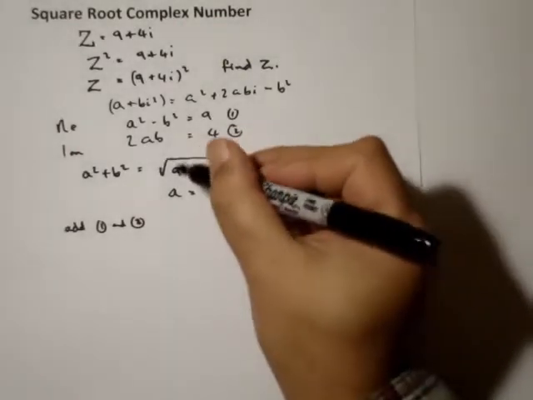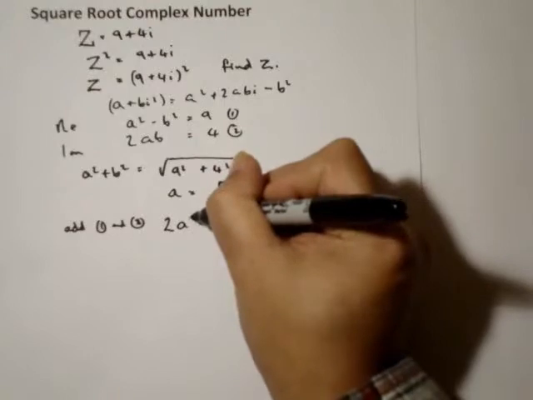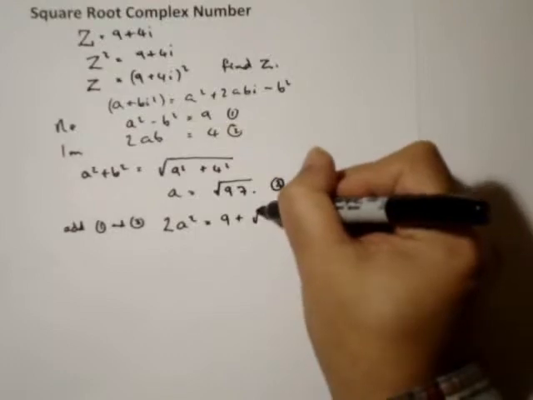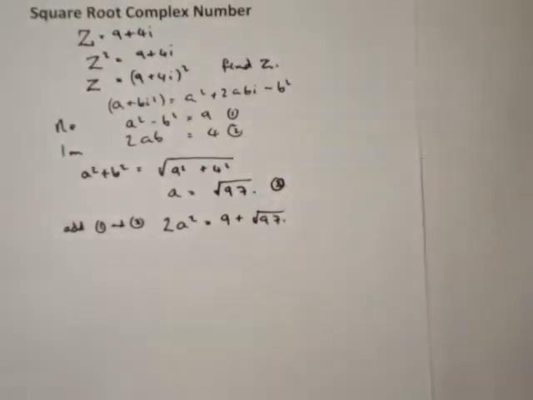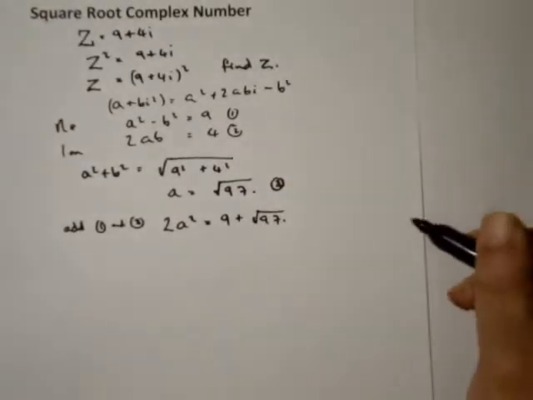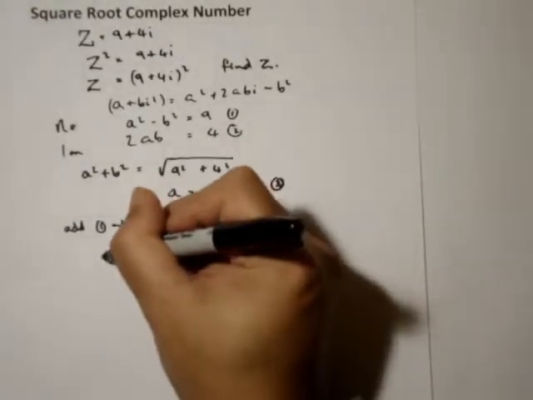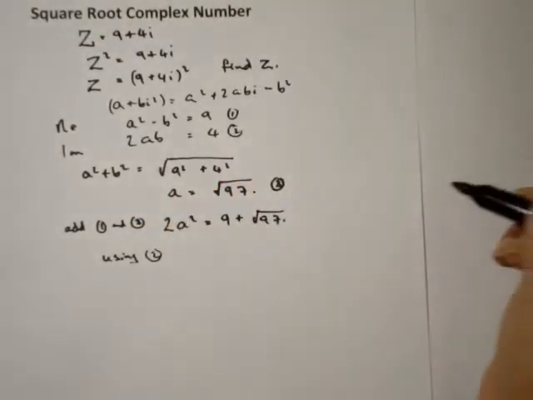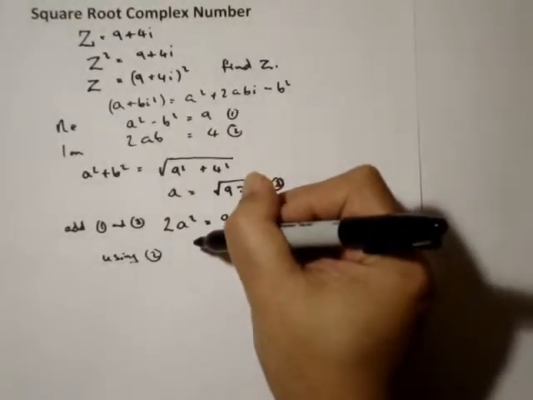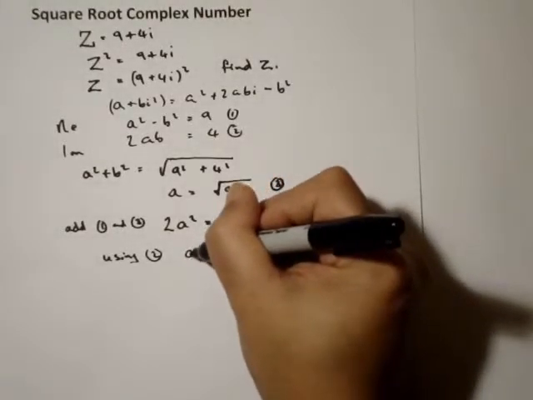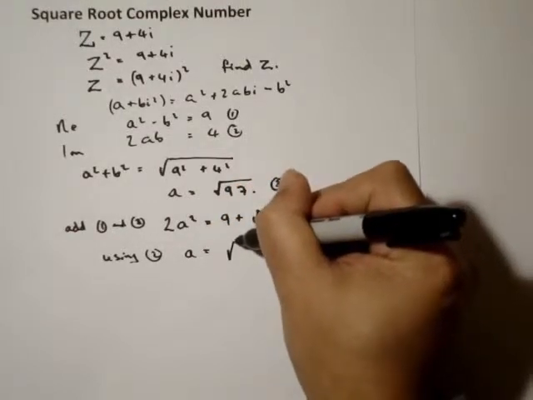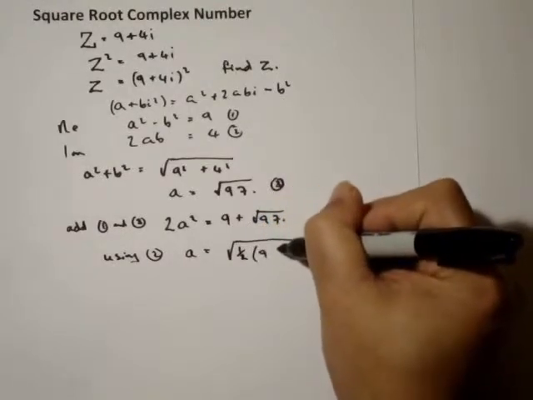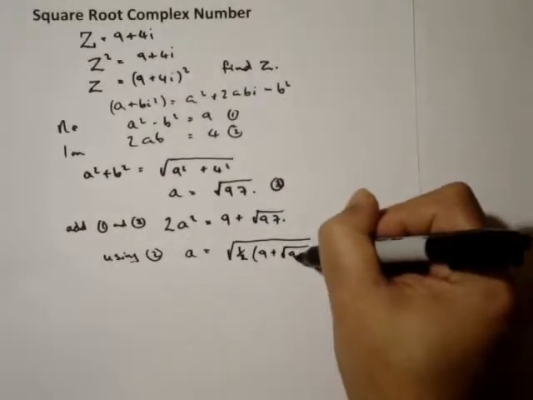So 2a squared becomes 9 plus the square root of 97. And then using equation 2, we get a equals the square root of half of 9 plus the square root of 97.